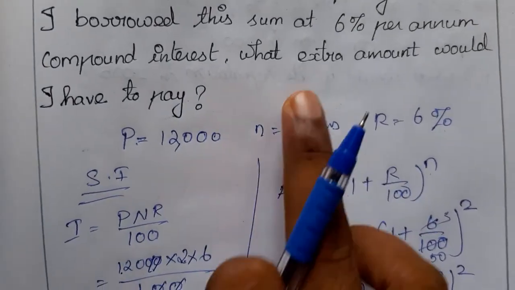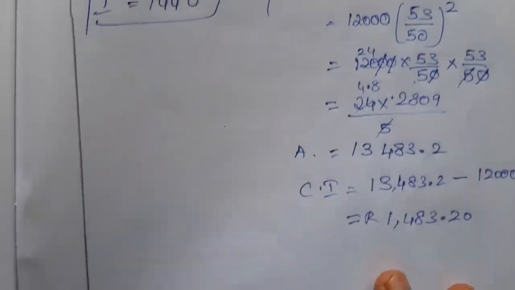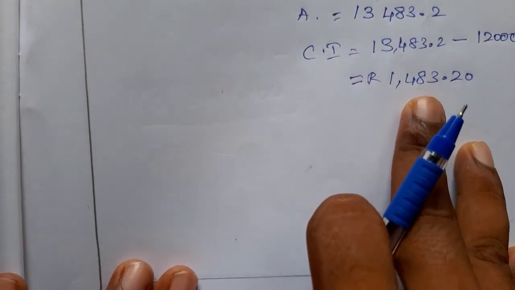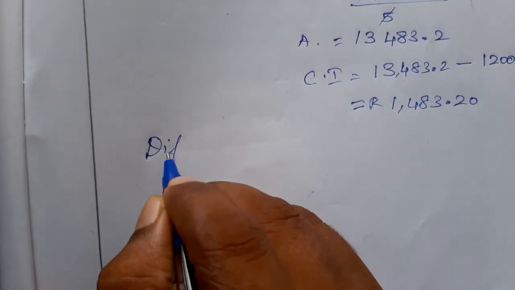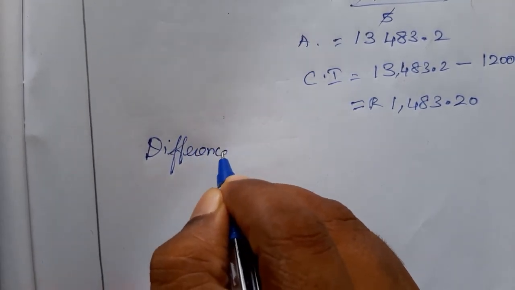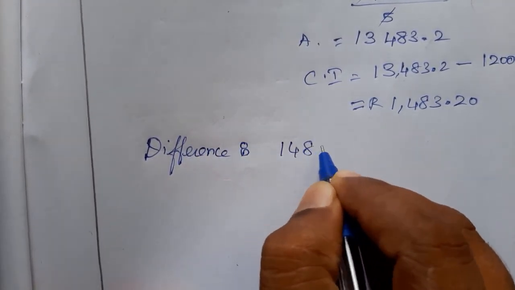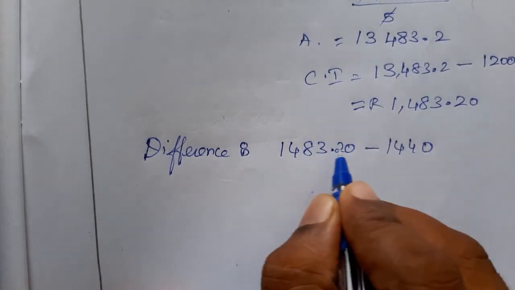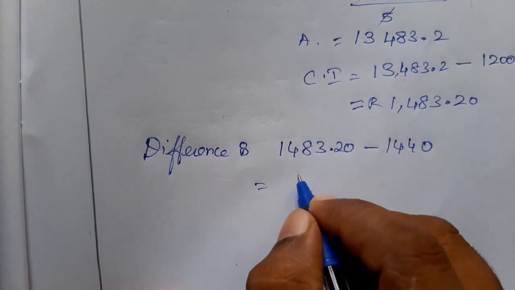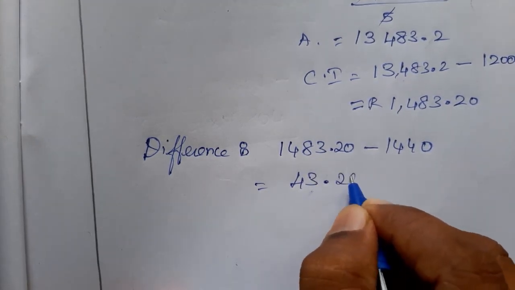They are asking what extra amount would I have to pay. So this extra amount is the only thing they have to pay, right? 43.20. So the difference is 1,483.20 minus 1,440. That means the compound interest minus simple interest, they will be getting 43.20.